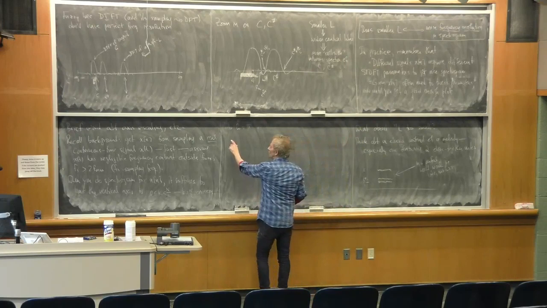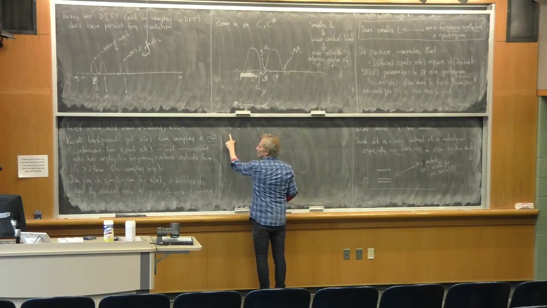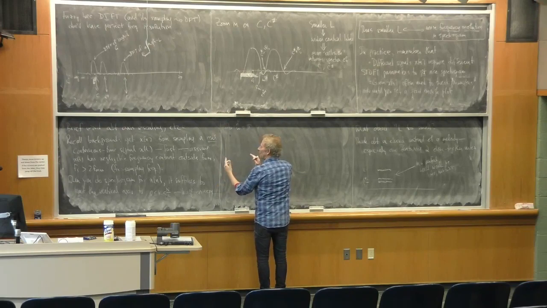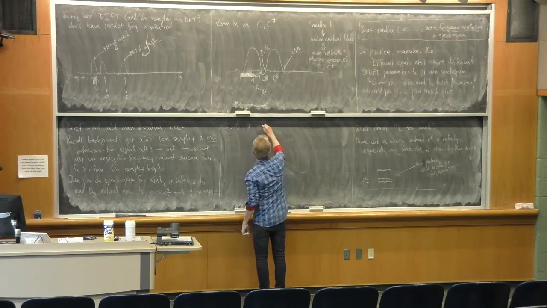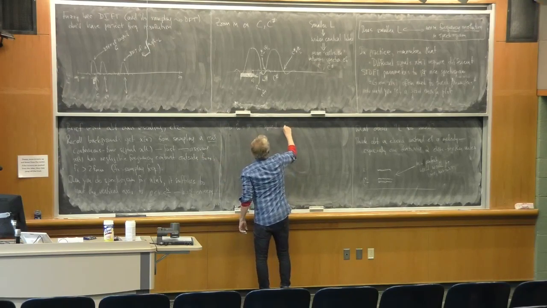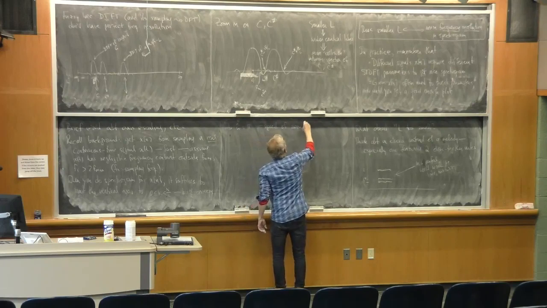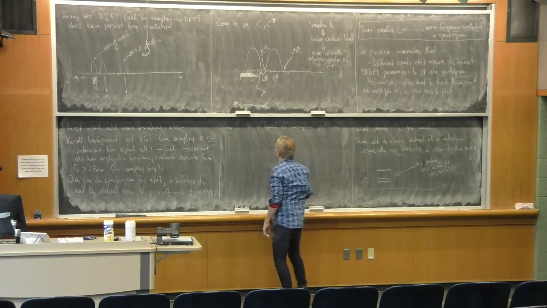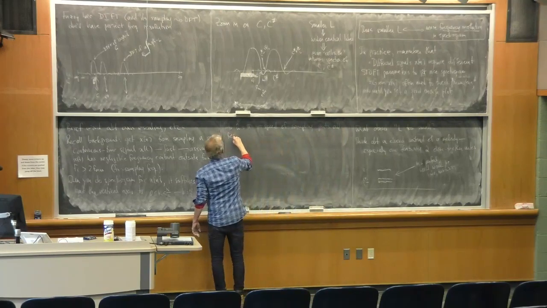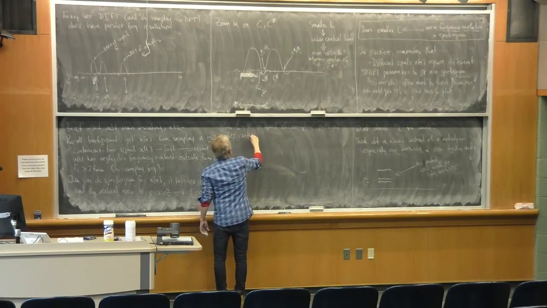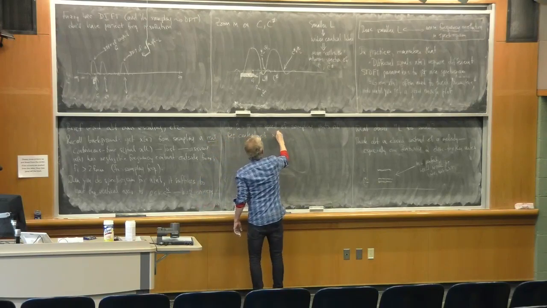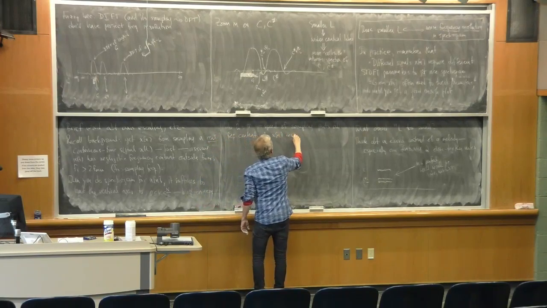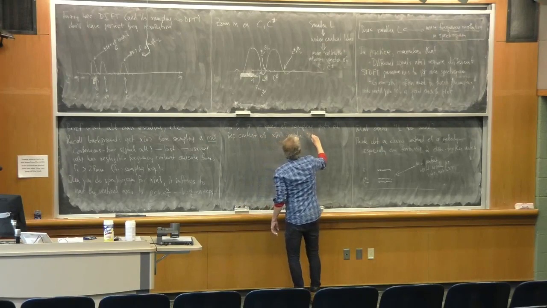And all of the frequency content in x of n is going to be within 0 to pi because of the speed of the sampling. The speed of the sampling puts all the frequency content of x of n inside pi.